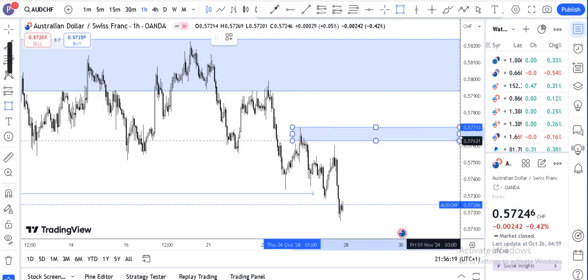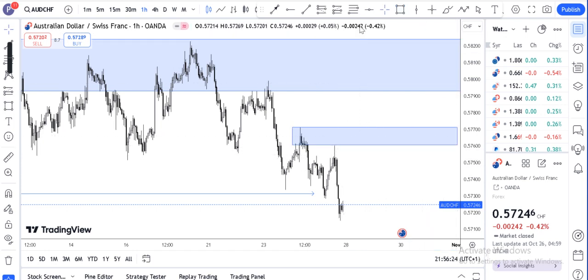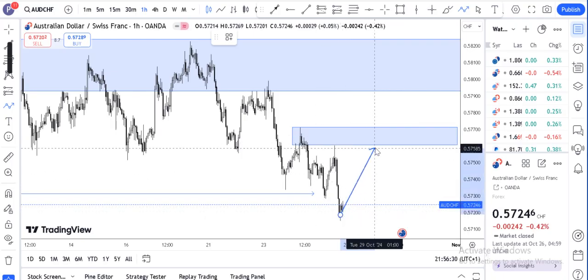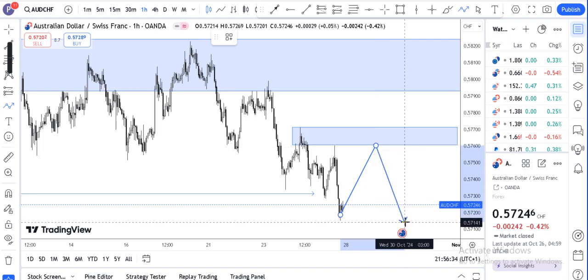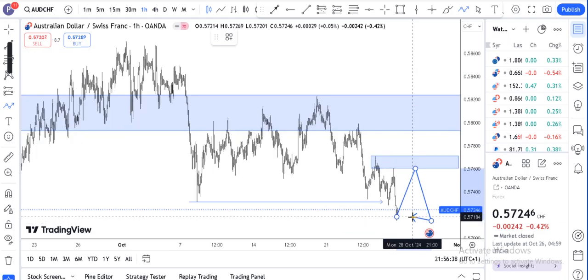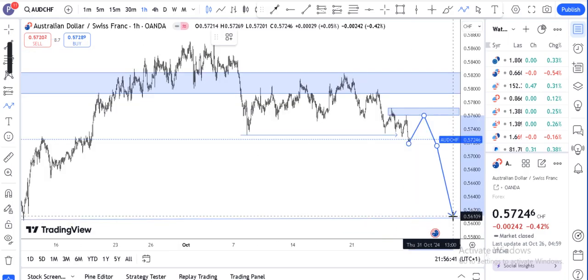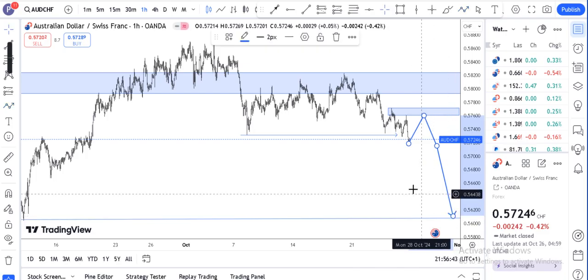Basically, we are going to be looking out for market to get into this level. It hasn't tapped into our other block, so we want to see market get into this level and then drop. So this will be the first take profit using this particular method, and this will be the final take profit.